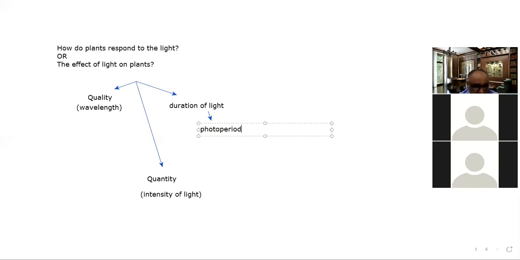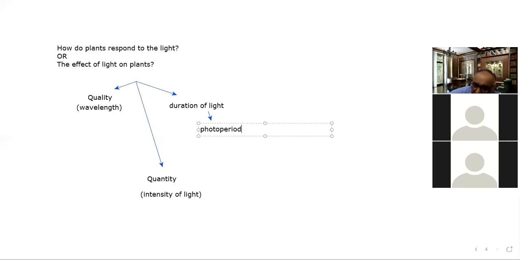So in all these things, we can say the light is required by the plants. Now the point is that, as I have told you, plants do photosynthesis in the visible spectrum of light.